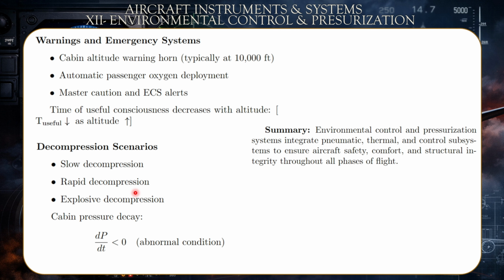Rapid decompression, when you have a sudden blow-in, for example, let's say a hole caused by a bullet, that would cause a rapid decompression and a rapid loss of cabin pressure.